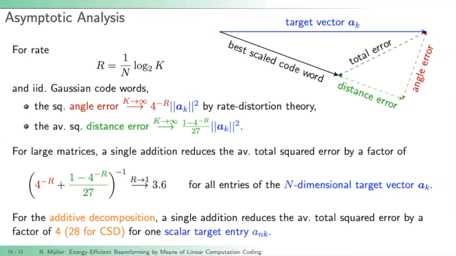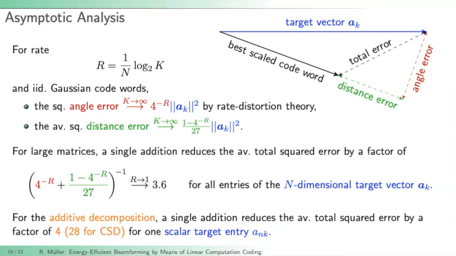However, in the additive decomposition, you reduce the error of a scalar entry of the target matrix. In the linear computation coding, you reduce the error of all the components of a column of it, so of n components.